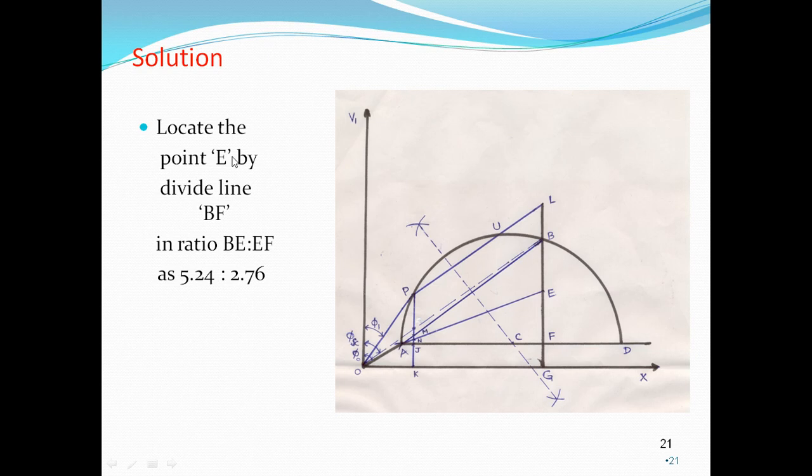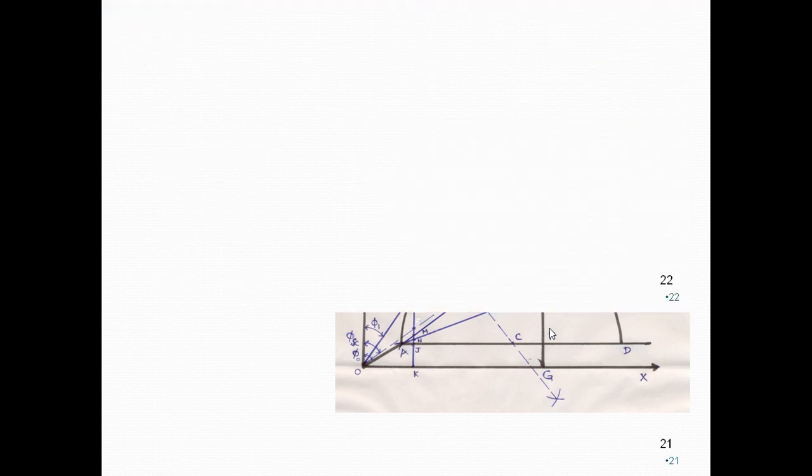So locate the point E by dividing line BF in the ratio of BE to EF, that is 5.24 plus 2.76. So BE is 5.24 and EF is 2.76.